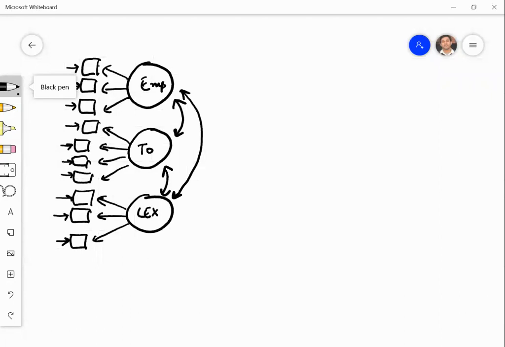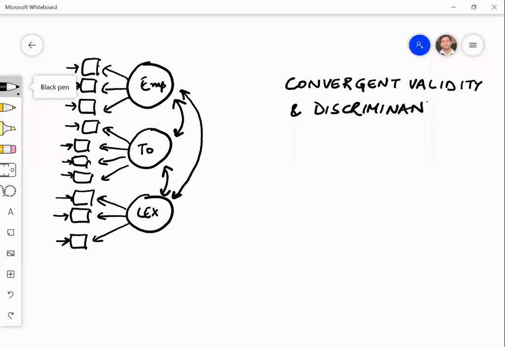Now, once you do this, there are 2 things that we need to check next, which we call convergent validity and discriminant validity.